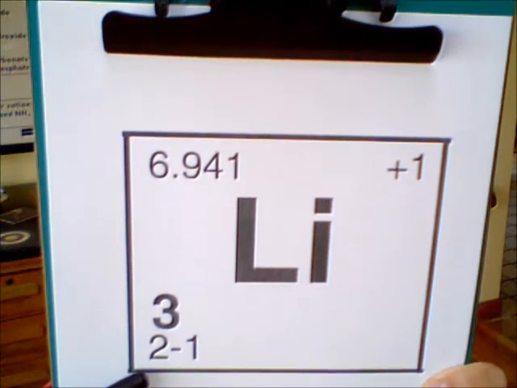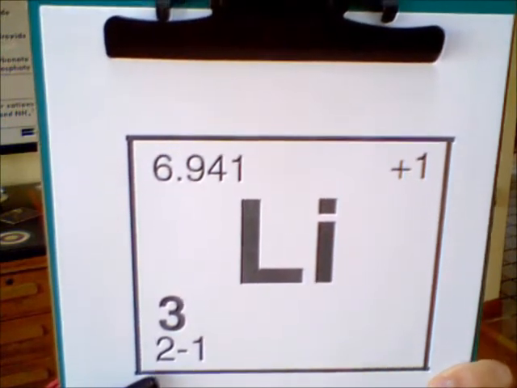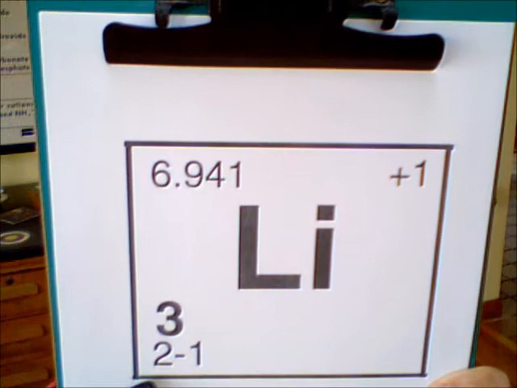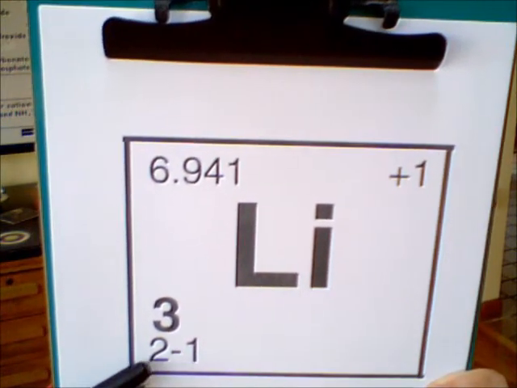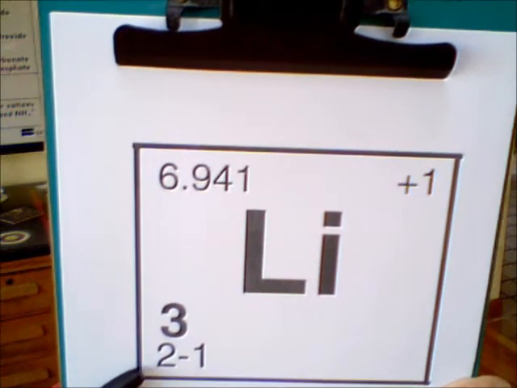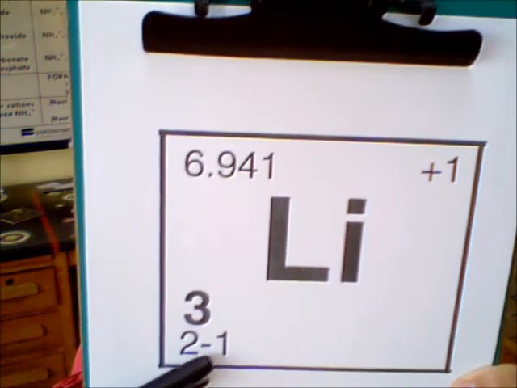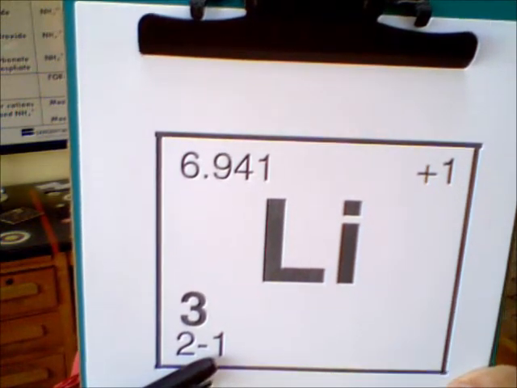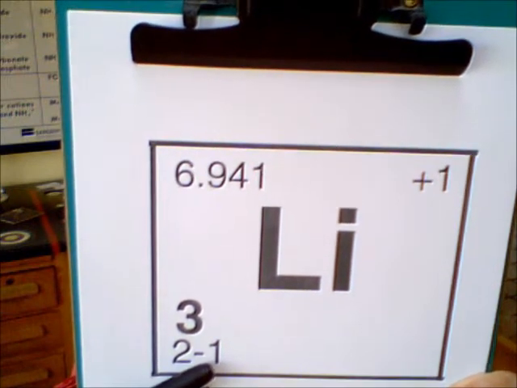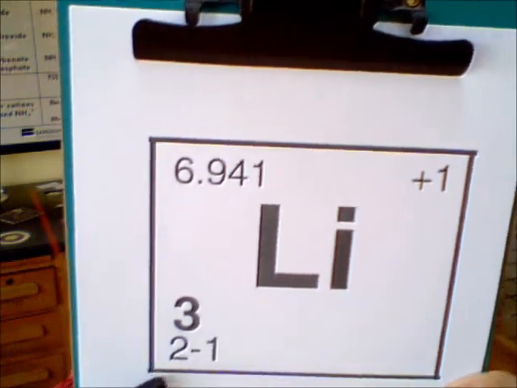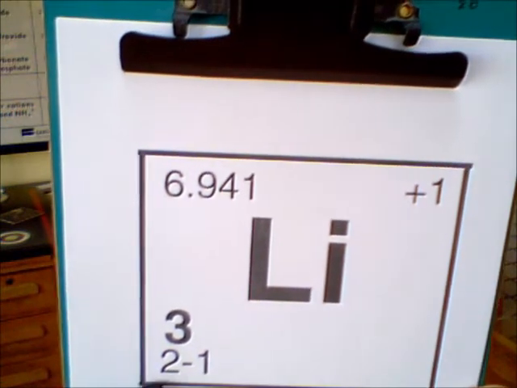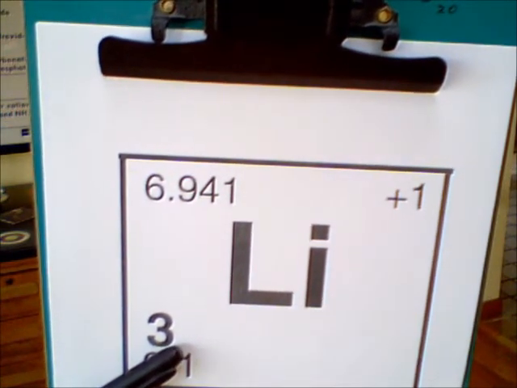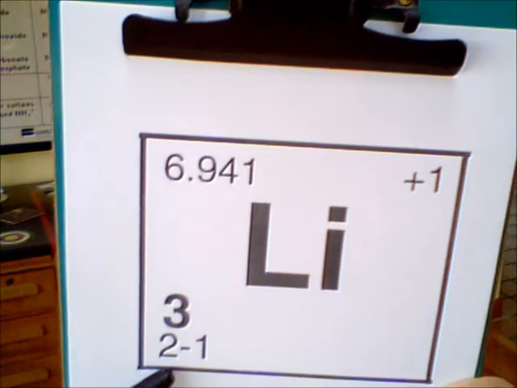Now, according to the Bohr model, electrons were found in energy levels. This first energy level is holding 2 electrons, and this also is saying that there's one more electron out in a different energy level. Total, the 2 plus the 1, and you get 3. So in a lithium atom, there are 3 protons and 3 electrons.